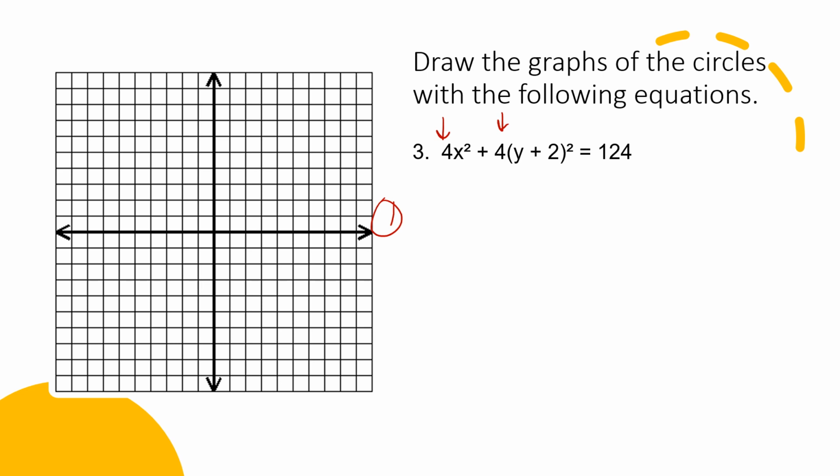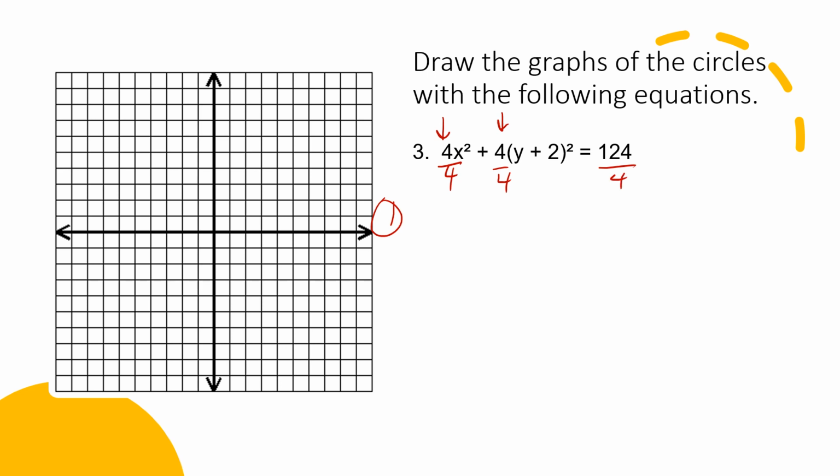Luckily, the coefficients are the same, so I just have to divide by 4. If the coefficients were different, then I would have to divide by the least common multiple in order to divide it out. So I'm going to divide everything by 4.